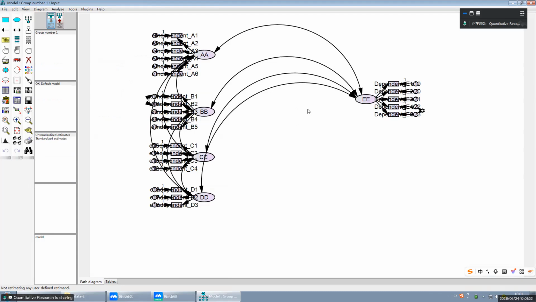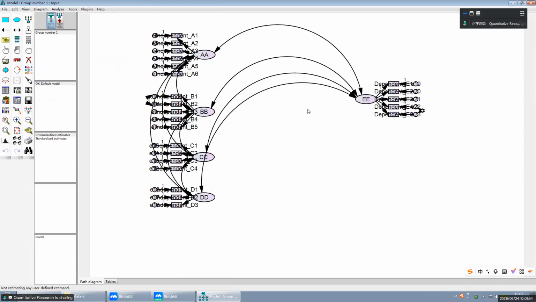Besides this, we also have to compute composite reliability, average variance extracted, which is AVE. I already mentioned that, right?